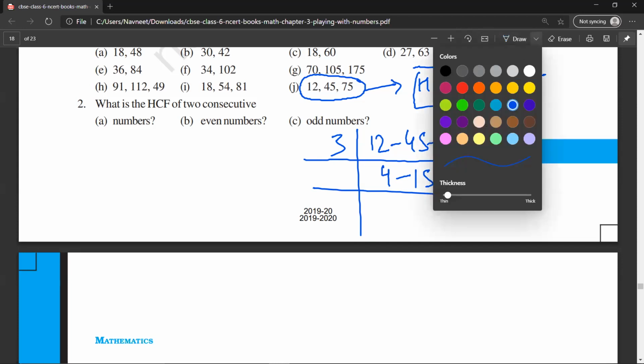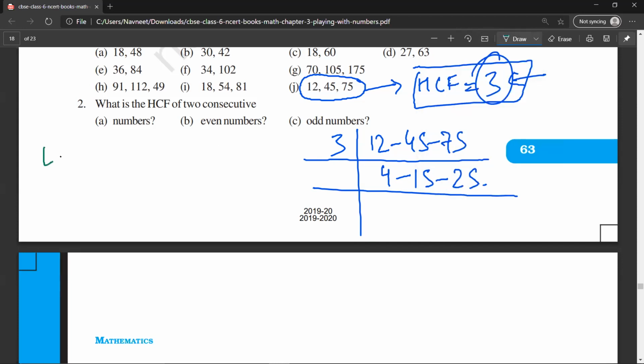If I had to find the LCM, then I will continue the process. Then what is the next number I will take? 5.